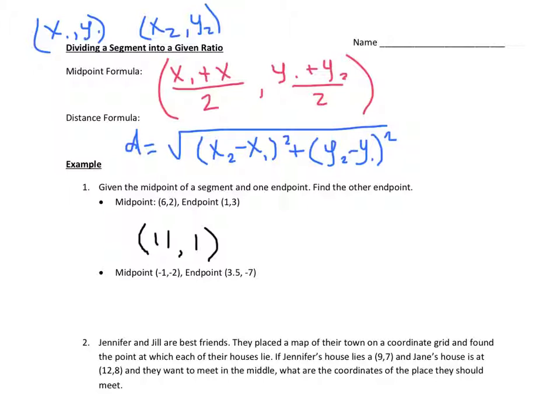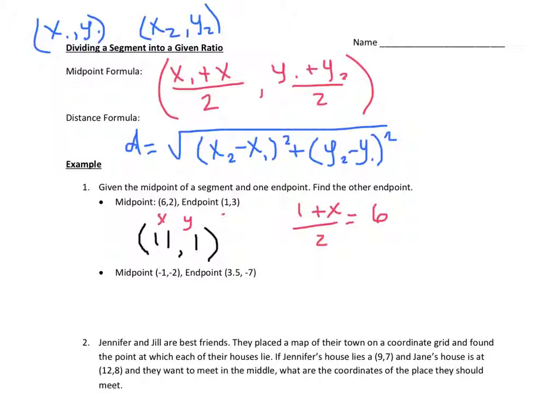Now, algebraically, if I wanted to set up an equation for that, I could find my x's and y's differently. Whatever my x-coordinate is that I was looking for, we'll call this x and this y. I could do (1 + x) / 2 and know that that's supposed to be 6. And then I would do my y's the same way.